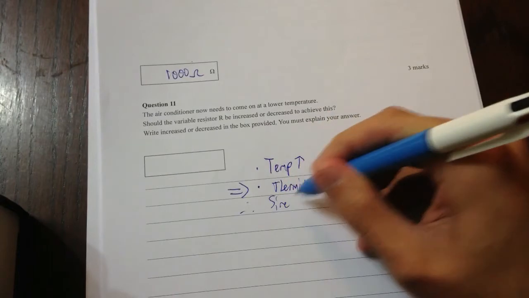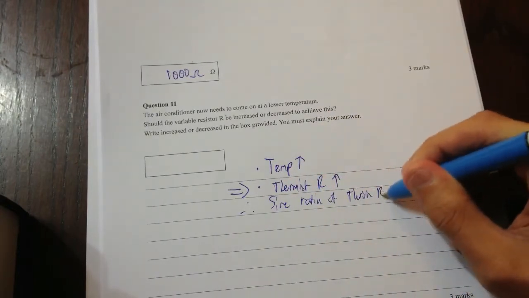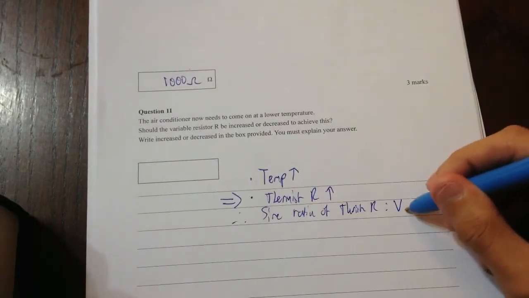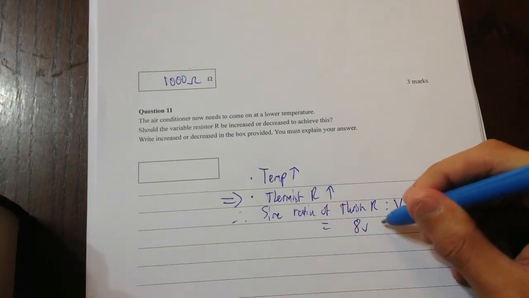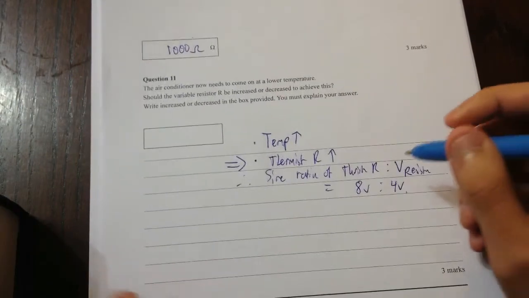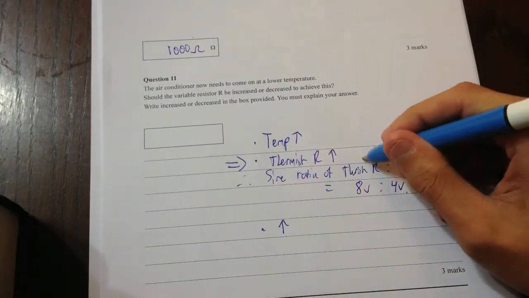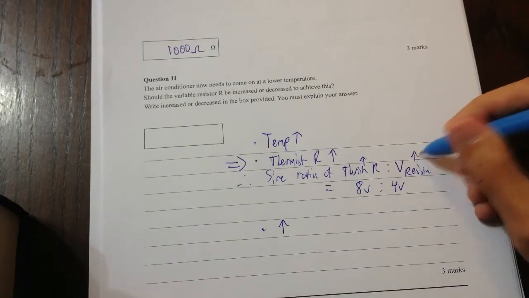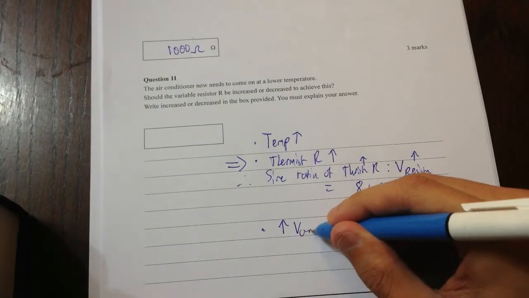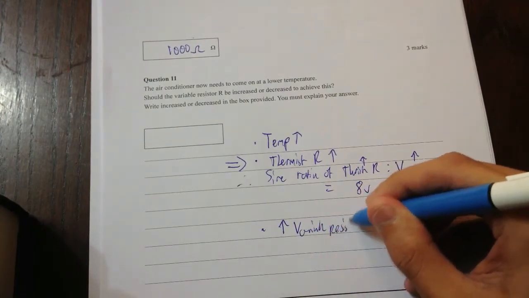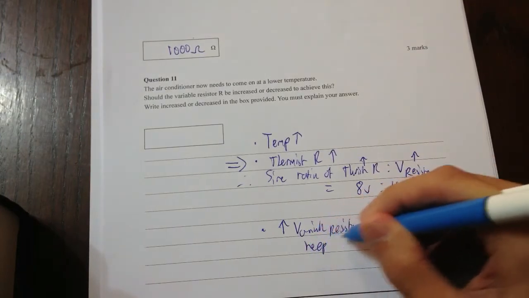Therefore, since the ratio of thermistor to variable resistance equals 8 volts to 4 volts, if this is increasing and we want to keep the same ratio, then the resistance must be increasing. The variable resistor resistance must increase to keep the ratio.